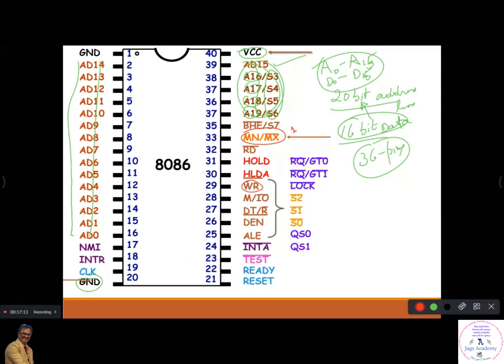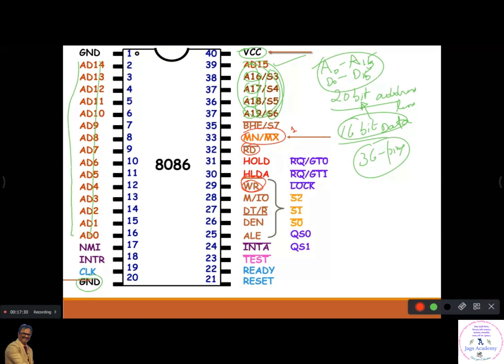Okay, and very important signals: the write signal. See, can you see a write bar signal here? This is the write bar and read bar. Why is there a bar on top of the signal? Why is there a bar on top of the read signal here? That means it is an active low signal.